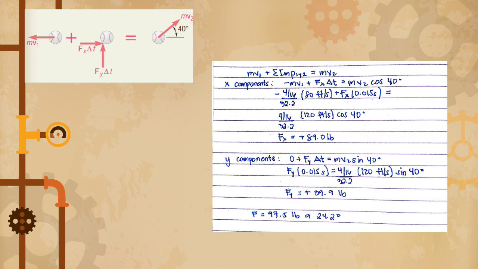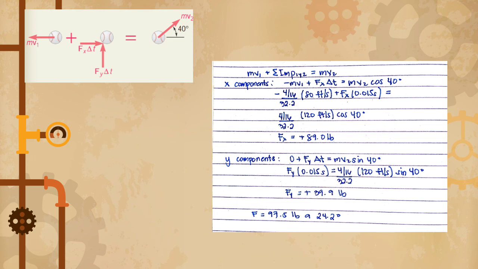For the x components, we will use the equation negative m times v1 plus F sub x delta t, which is equal to m times v2 cosine 40 degrees. Substitute all the values needed, simplify, solve, and we got a value of F sub x equal to positive 89.0 pound.